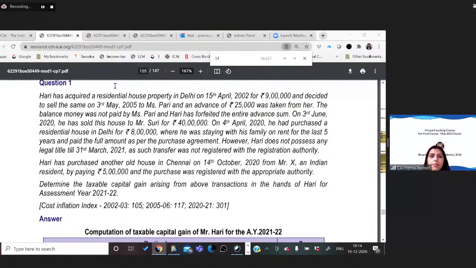Quickly compute the answer. No, Ambika. Ramaya, correct?